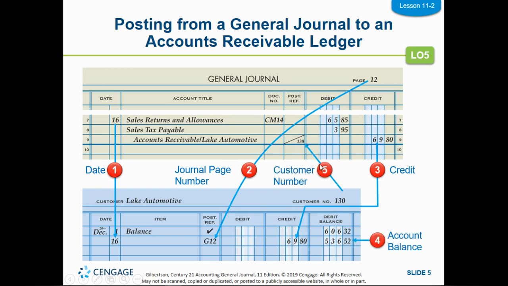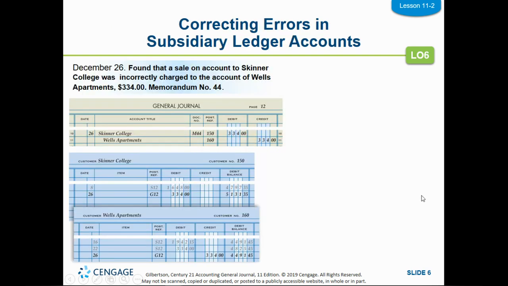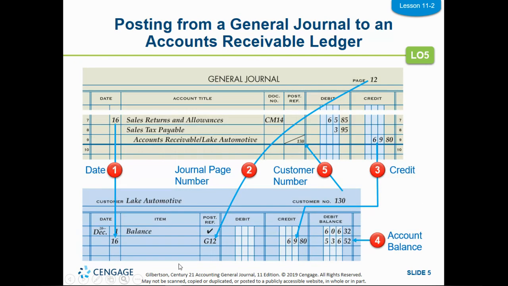Then you come back and on the bottom half of the diagonal, because Lake Automotive is on the bottom half of this diagonal, you put that customer number. And then just like we showed you in the last journal, you would also post that to the general ledger to accounts receivable.